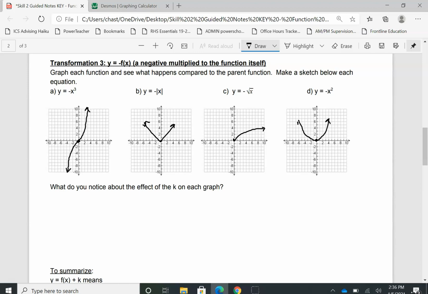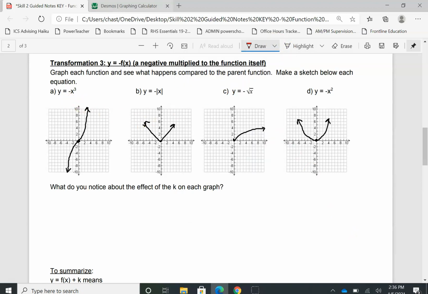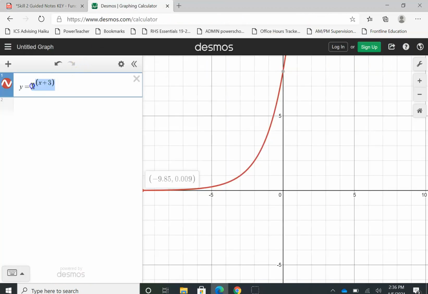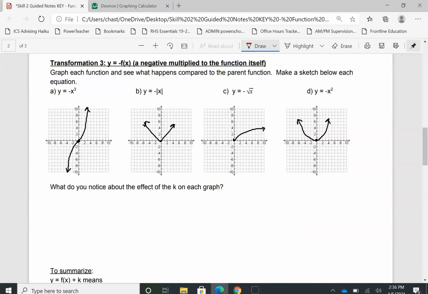We spent a lot of time last semester graphing parabolas. So now what happens when we put a negative in the front? Okay, so negative x cubed. Oh, interesting. It just starts high and graphs low. So it's kind of like what was down below flipped up, and what was flipped up before will flip down.